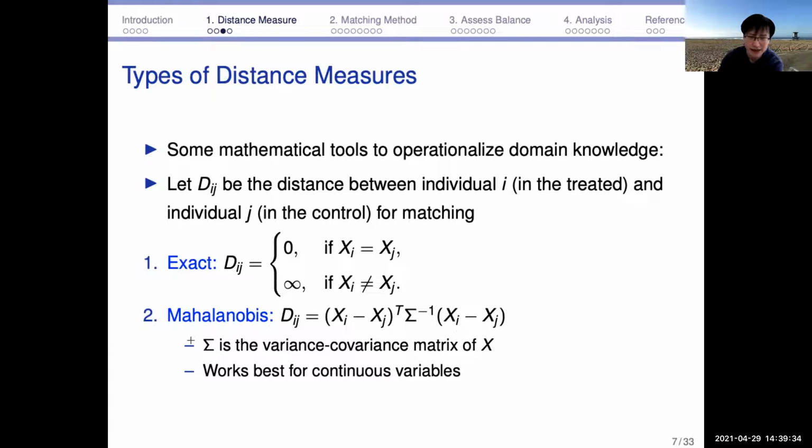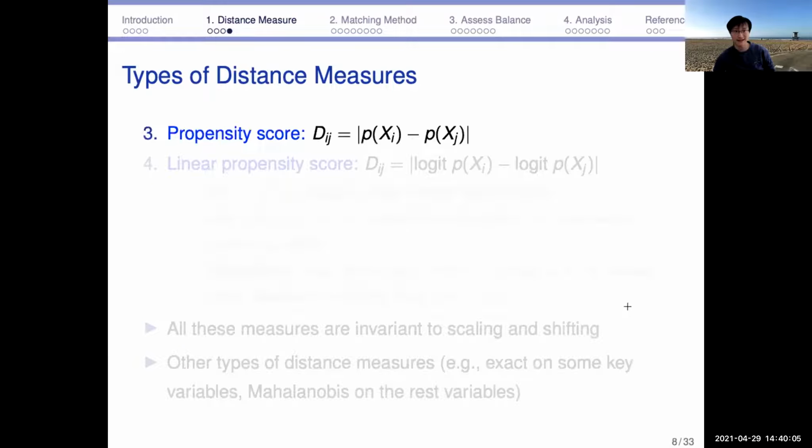Sometimes people calculate sigma using only the control sample. So obviously it's easy to see that this probably works best for continuous covariates. And if we have mixed covariates, some categorical, for example, in our example we have male and female, then it would be more challenging to make sense of this difference. But anyway, this is a commonly used choice.